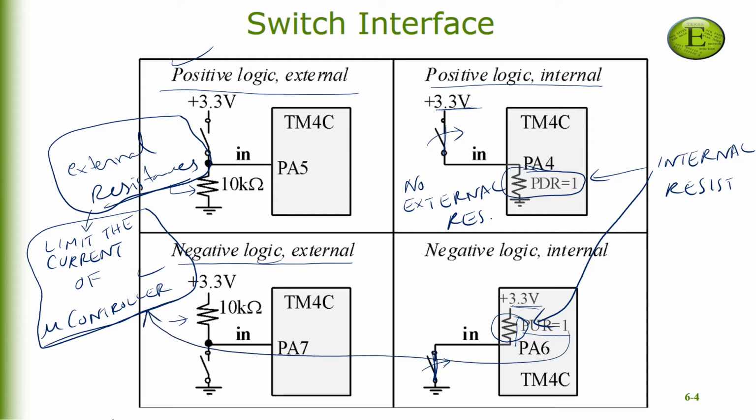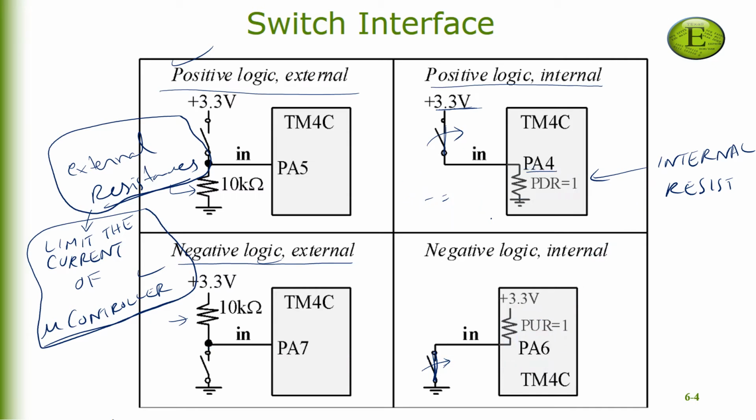But the difference between the two circuits on the right hand side is that in the first case, the internal resistance is the pull down resistance, because it is pulling the port pin to 0 volts when the switch is open.